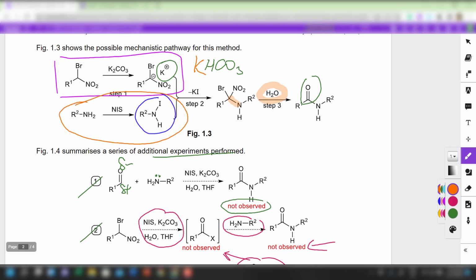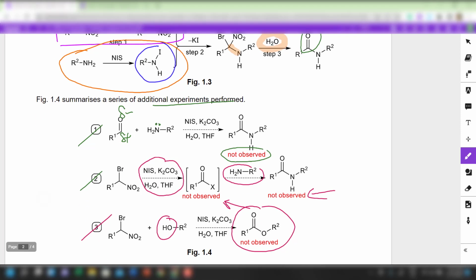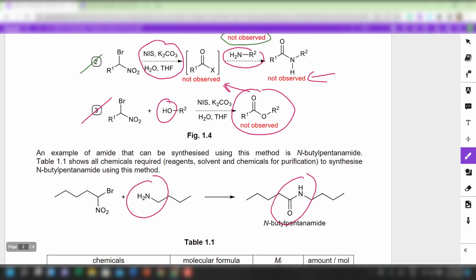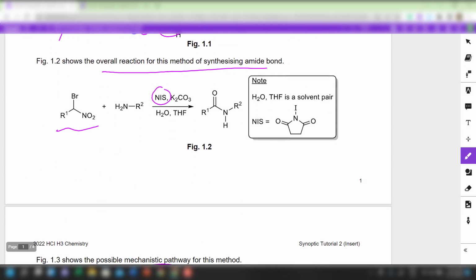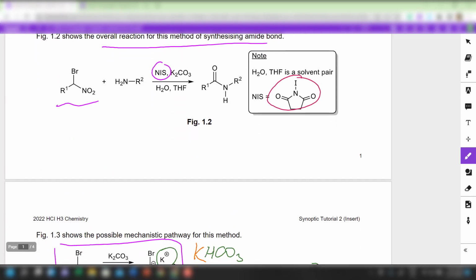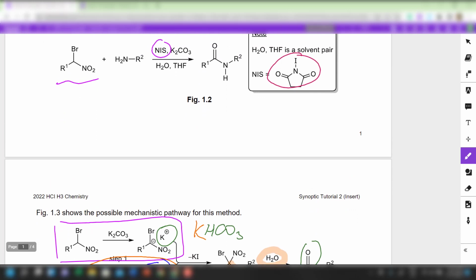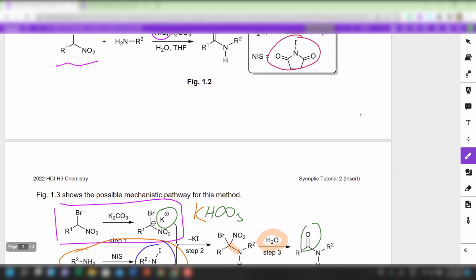Okay, so if you look deeper, when one of the H is being replaced by the iodine, what is going to be formed at the end of the day? So we need to look for the structure of NIS, which is over here. Yep, so it is likely that the I is replaced by the H over here.